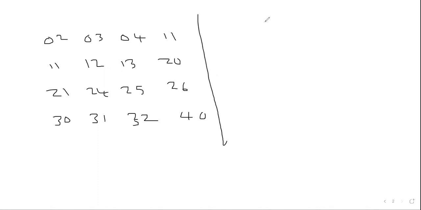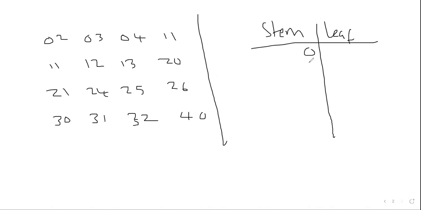So we have a stem and we have a leaf. How do we come up with a stem? Identify the numbers that we have. We have numbers that start with 0, 1, 2, 3, 4. So for zeros, we have 02, 03, and 04. The ones, we have 11, 11, 12, 13. The twos, we have 20, 24, 25, 26.